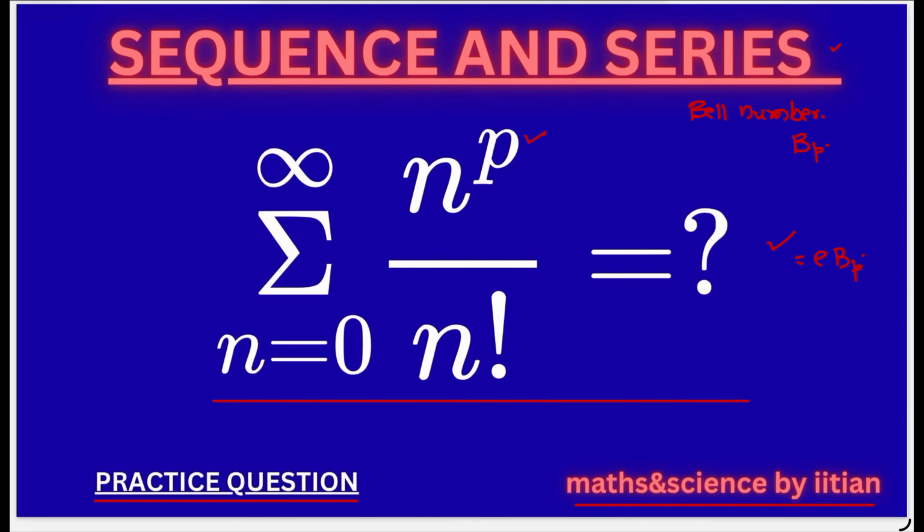Bell number is a very crucial and important concept in sequence and series involving natural logarithmic E value and a series. The series is connected by E multiplied by Bell number BP, and how to understand it, what its meaning is, and how to develop that relation we will discuss here, and let us see what the Bell number is and how the Bell number varies with P. Let us try to solve it.